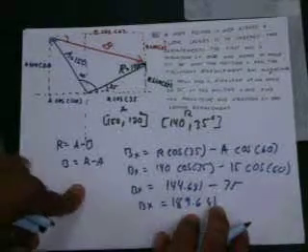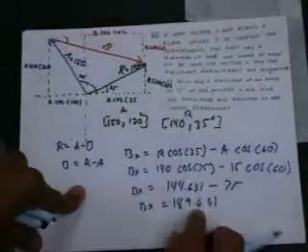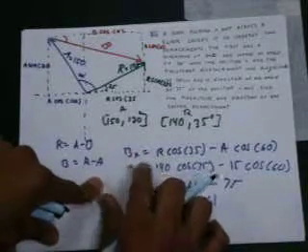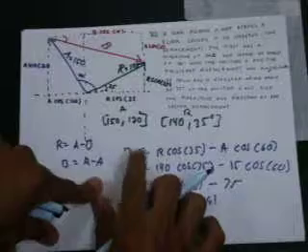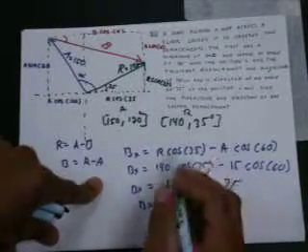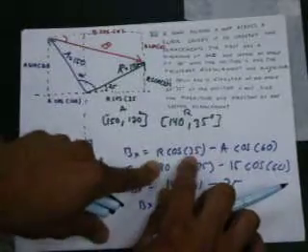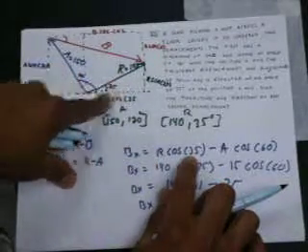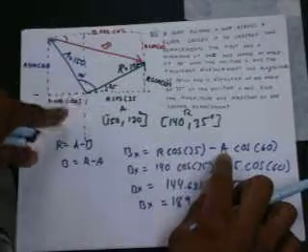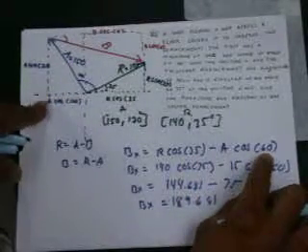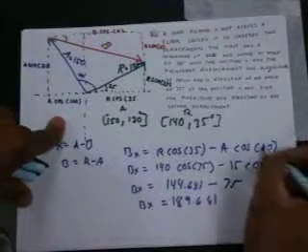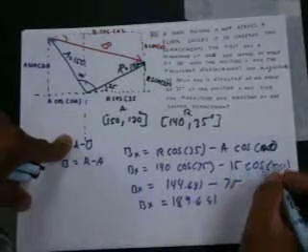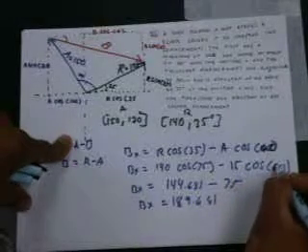I worked part of this already, so first we need to find our B on the X, which equals R cosine of 35, which was for the resultant vector, and for the A vector we have A cosine of 120.